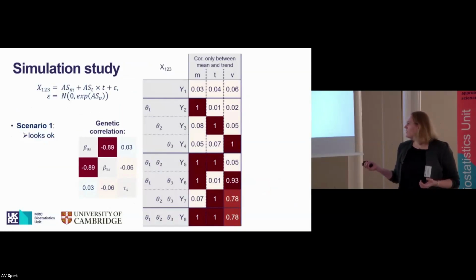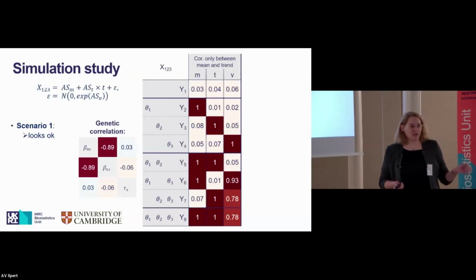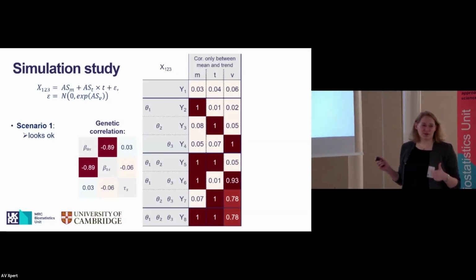So I included a negative correlation between my SNP effects on the mean and the SNP effects on the slope, but no correlation between the SNP effects of the mean and variability, or slope and variability. And it looks great. Everything was good.